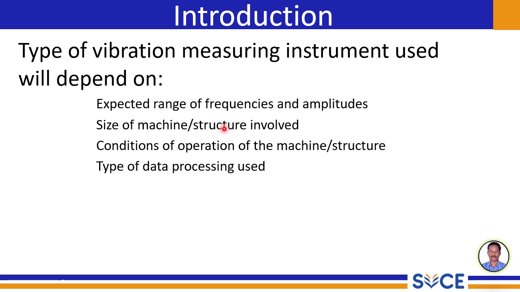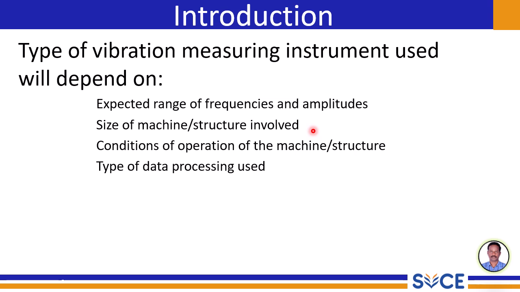Second, the size of the machine or structure involved can influence our choice. For very large structures, we might need robust and potentially more spatially distributed sensor networks.